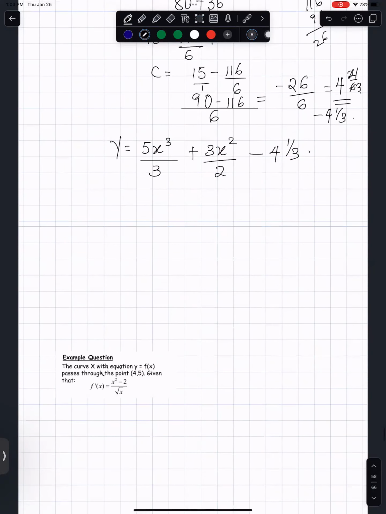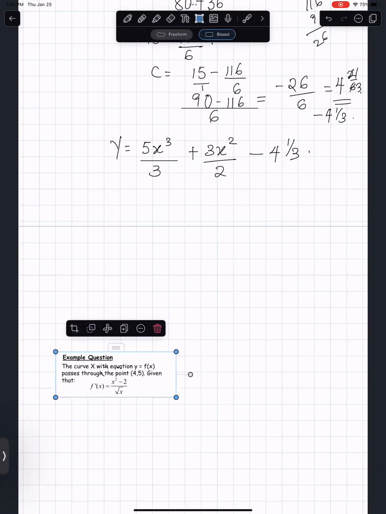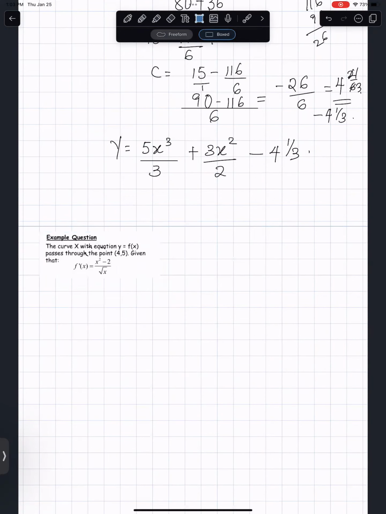Given that this curve C with equation y equals f of x passes through the point (4, 5), given that f'(x) is equal to this. The first thing we have to do is integrate. So we have f'(x) equal to x squared minus 2 divided by root x.